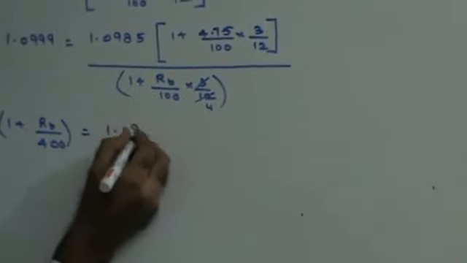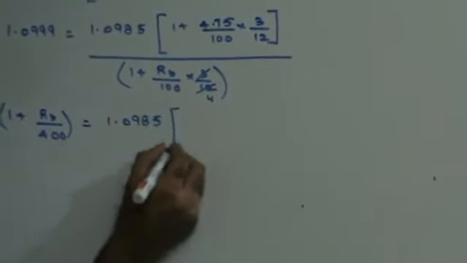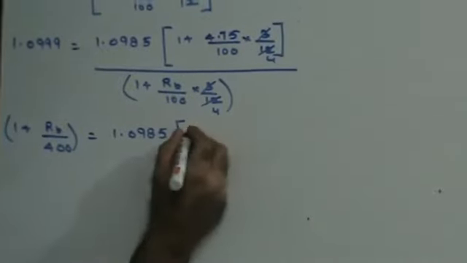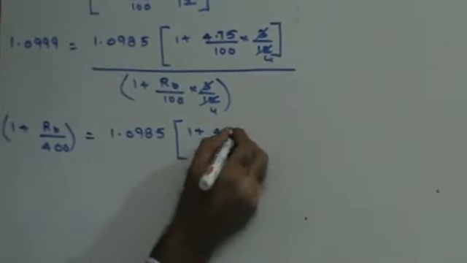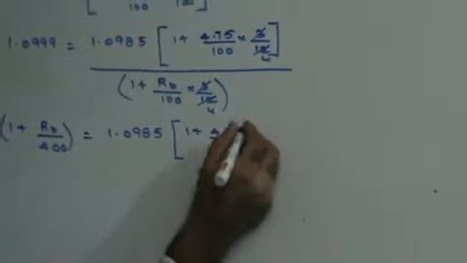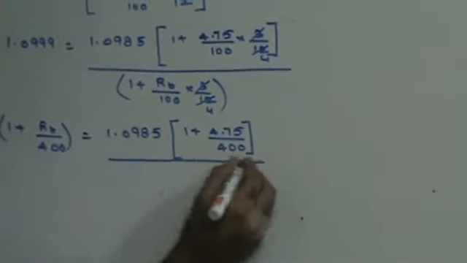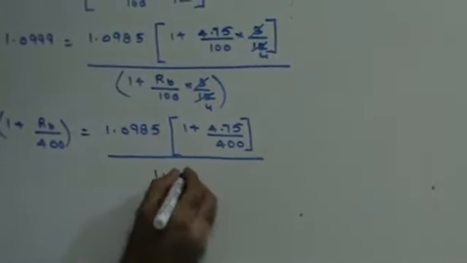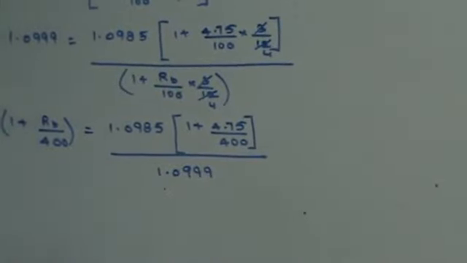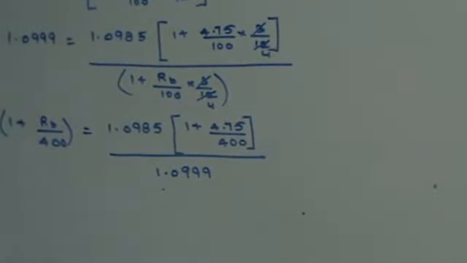Is 1.0985, 1 plus 4.75 upon 400, divided by 1.0999. Don't do the division. When you're doing foreign exchange, make sure that you do your calculation at the end.